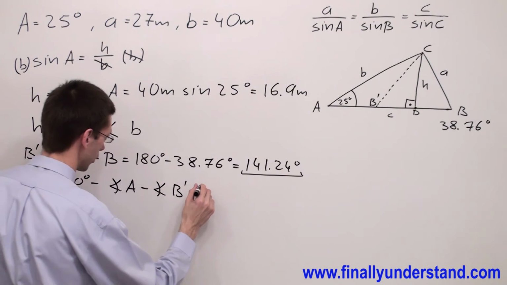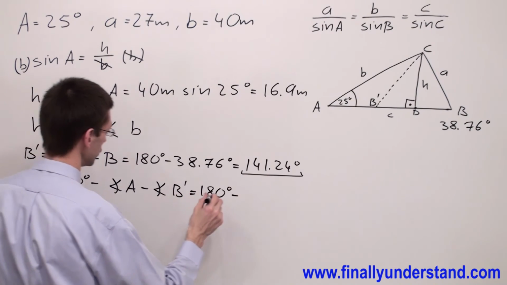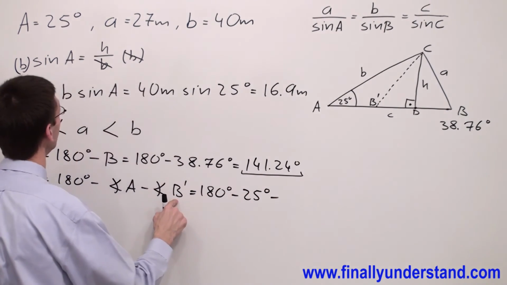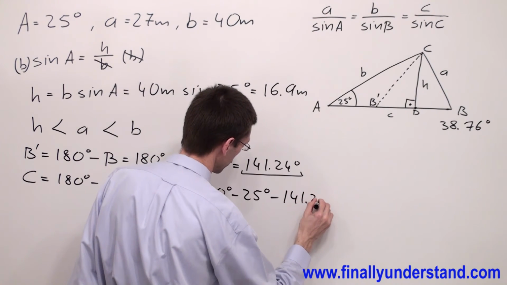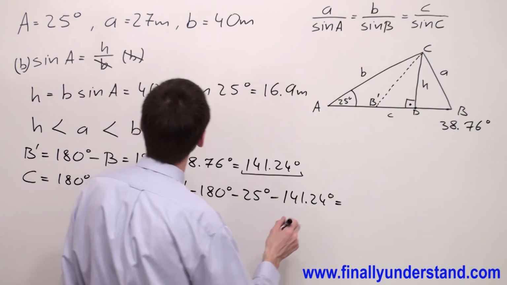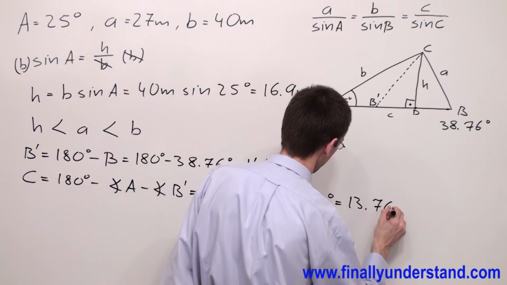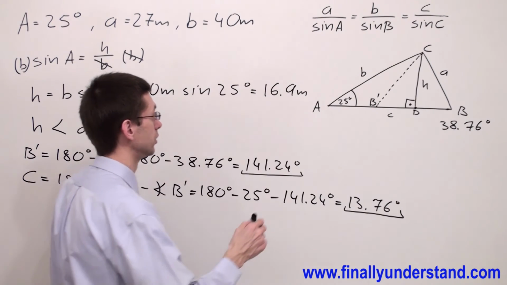This is equal to 180 degrees minus 25 degrees minus 141.24 degrees, and this is equal to 13.76 degrees. This is my angle C. This is this angle.